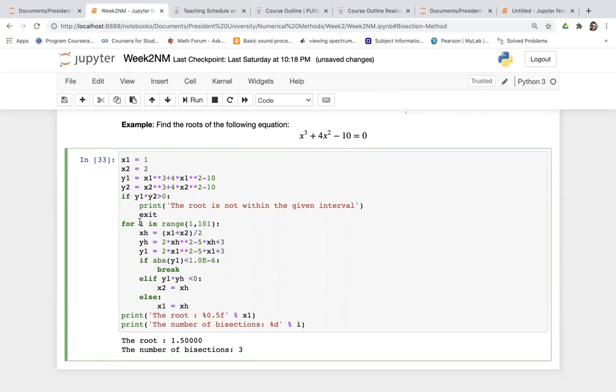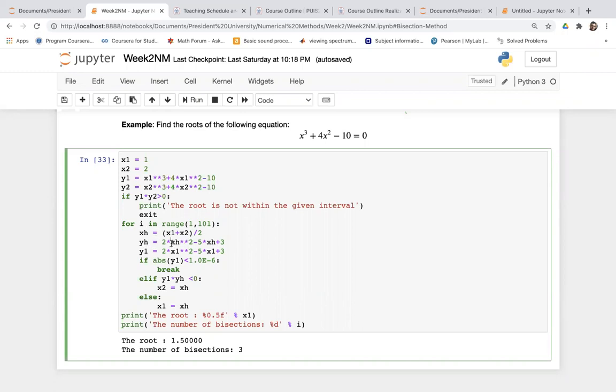So look at this. For i in range 1 until 101, it means we are repeating the step until 100 iterations. We use x1 plus x2 divided by 2. This is the point that we have. And then we calculate the value of the function at the new point.